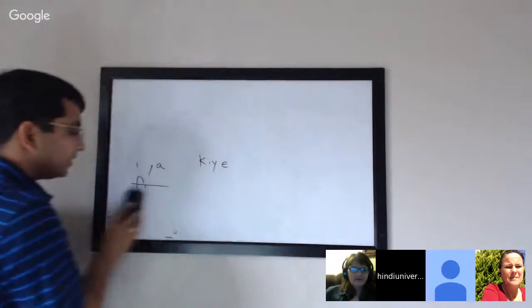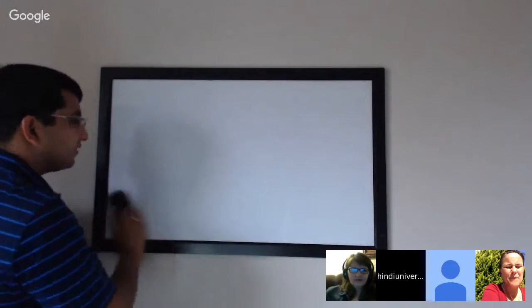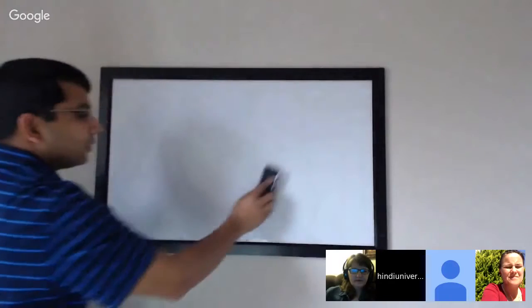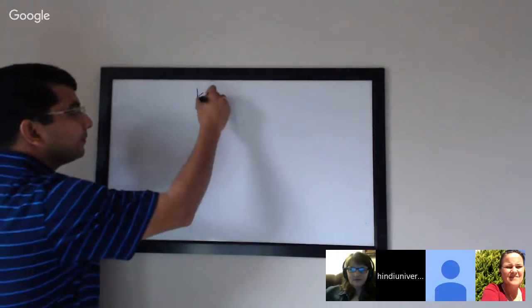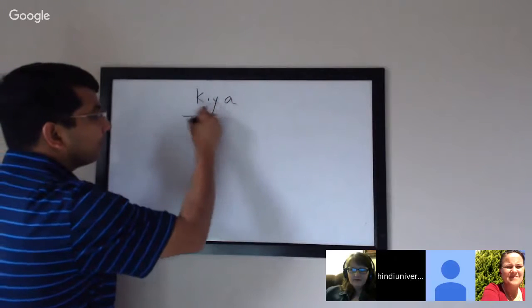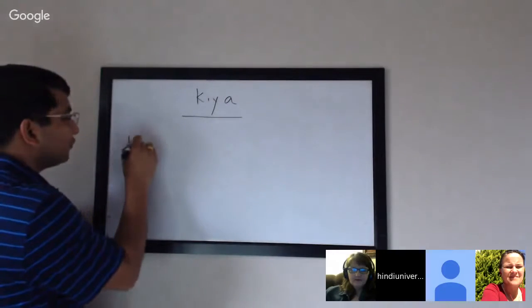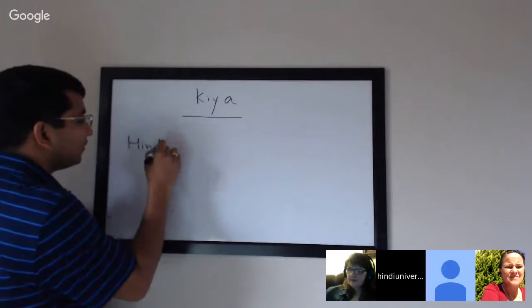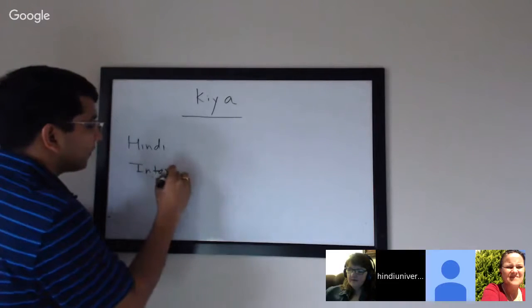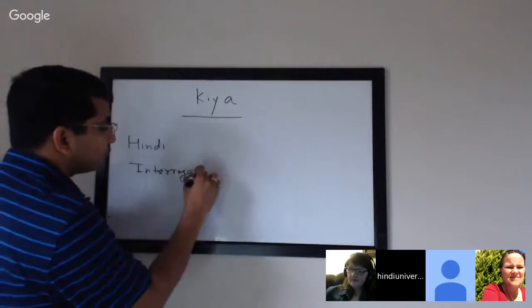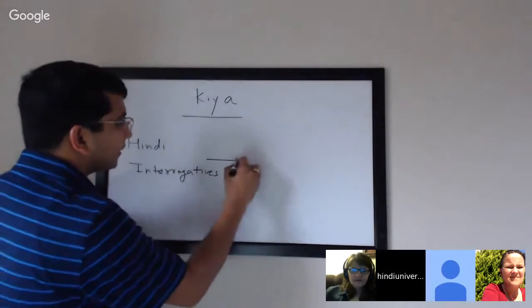Okay, so just remember this table, at least have the visual picture of it in front of you when we are making these sentences. Okay, so the first one I have, as you know, is Kya. And for those of you who are already familiar with Hindi interrogatives, we have covered several of them, right?